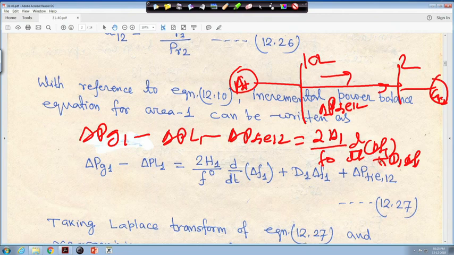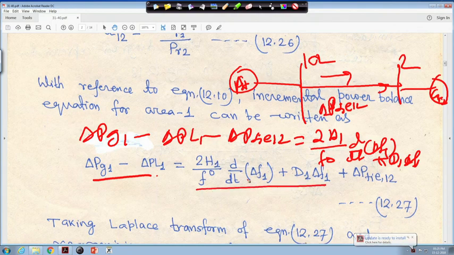Because generation has to match the load plus whatever is going from 1 to 2, the power flowing from 1 to 2. Loss is neglected because resistance is not considered. So it is the same equation: delta P g minus delta P L 1 is equal to the transient imbalance term plus delta P tie 1 2 brought to the right hand side, that is all.